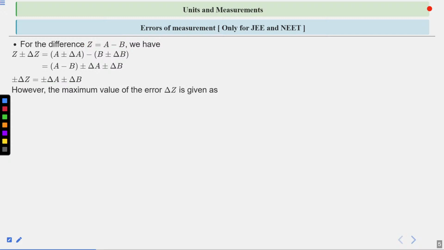However, the maximum value of error delta Z is given as delta Z is equal to delta A plus delta B. So this is the maximum value of the error.